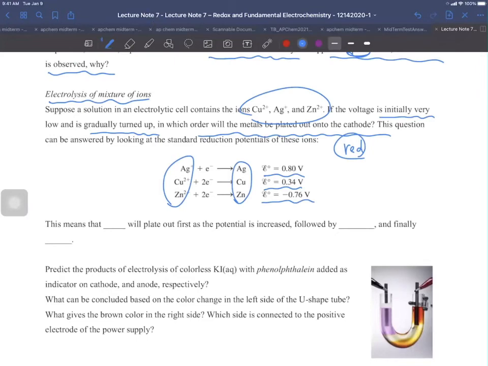As we discussed before, the one with the most positive standard reduction potential will gain the electron first. So the Ag will plate out first as the potential is increased, followed by the middle one, copper, and finally the zinc.